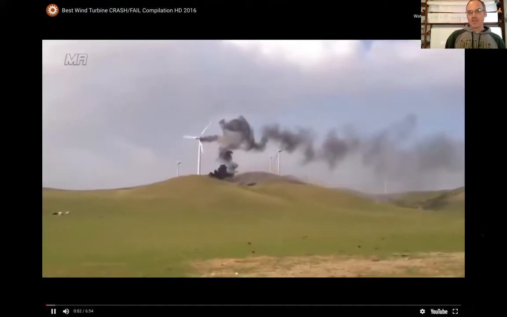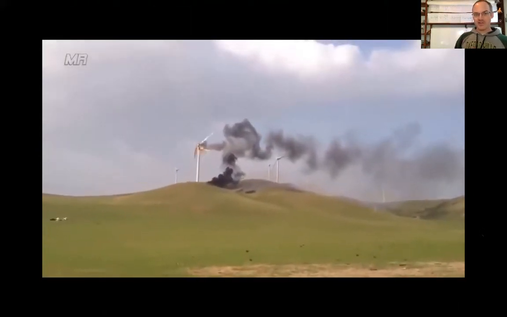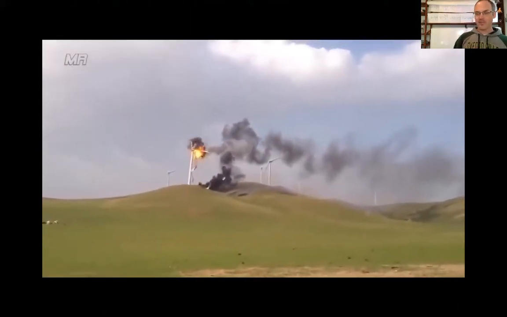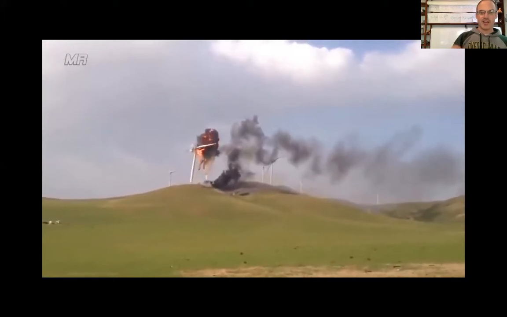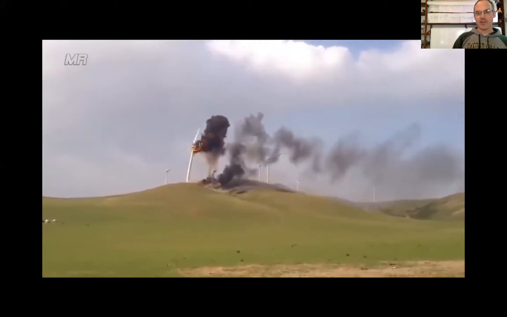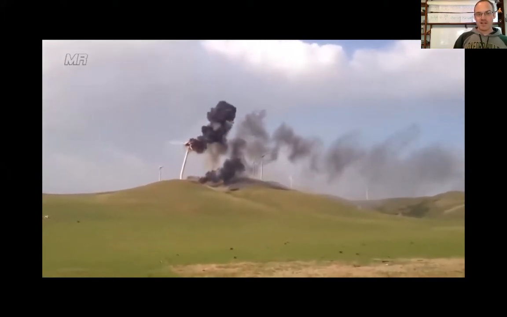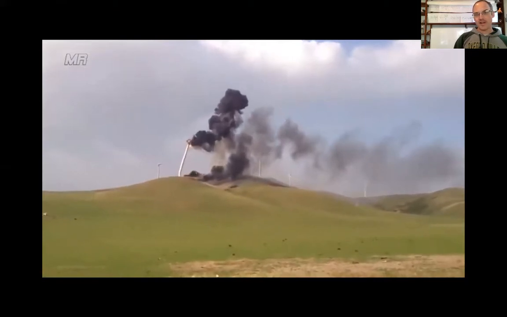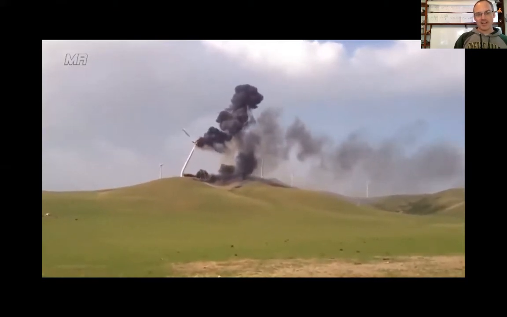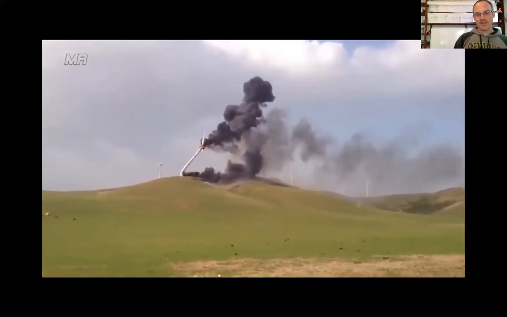Yeah. So one of the interesting parts about this is the force that is at play in a rotational system. You can see here that we have a wind turbine that has failed.